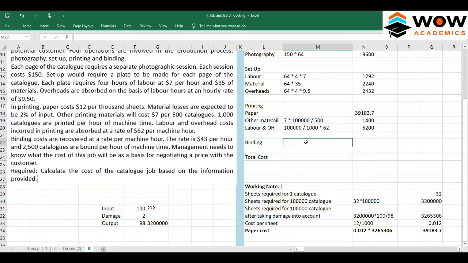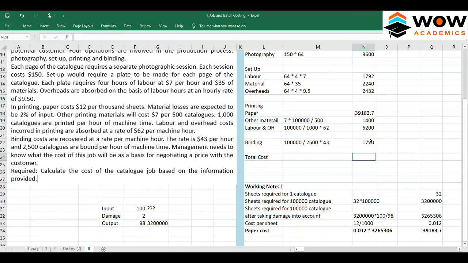So again it's going to be like this. 1 lakh catalogs we have printed, and in an hour we can bind 2500. So this will give you the total hours required, and every hour we have to pay 43. So this is the binding cost.